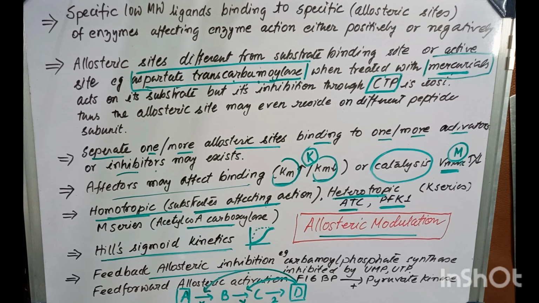There are examples of feed forward allosteric activations also. What is a feed forward allosteric activation? Say B is stimulating Z. Z is an enzyme, and B is stimulating Z to convert what B has produced.